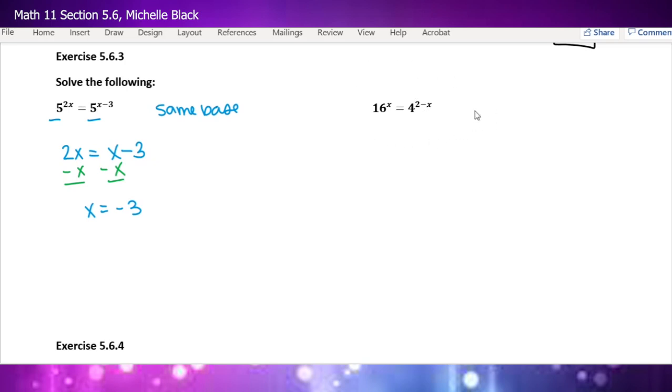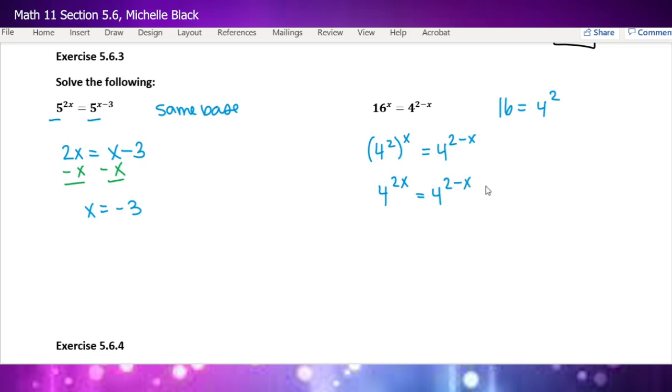On this second one, I want to do something similar in that I want to make the bases look the same. So 16 is the same as 4 squared. So I can rewrite the left-hand side as 4 squared to power x. And then if you have a power to a power, that's the same as multiplying your powers.